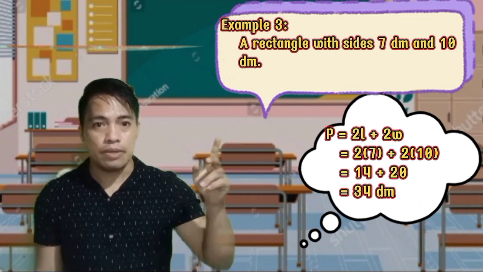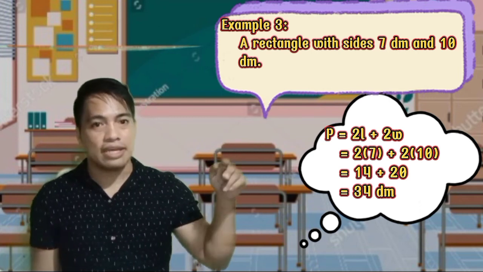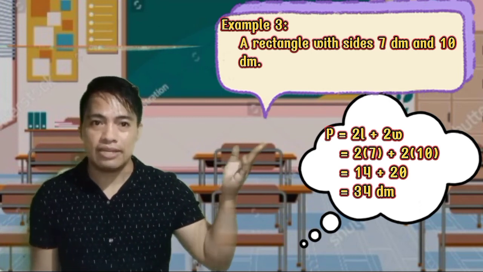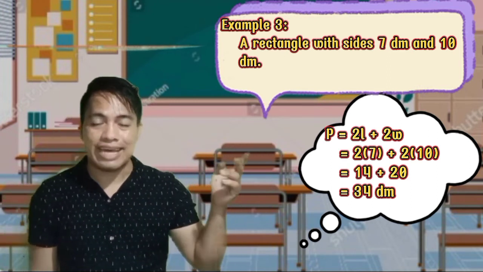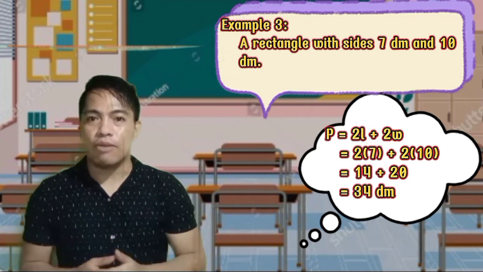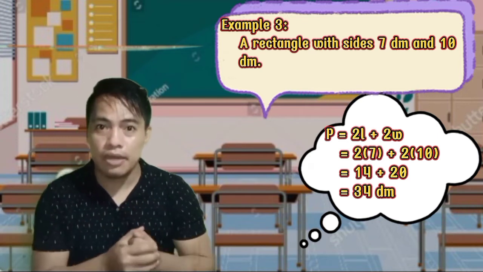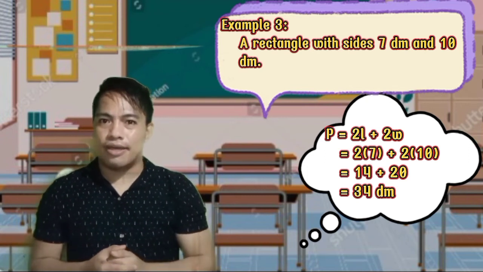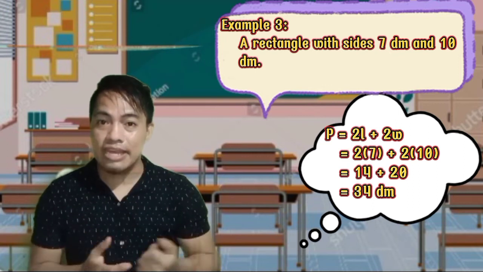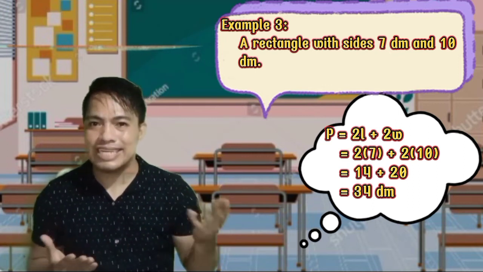We have 2 times our length, 7, plus 2 times our width, 10. Next we multiply. 2 times 7 is 14. And 2 times 10 is 20. Next we add. 14 plus 20 equals 34. So the perimeter of the rectangle is 34 dm.